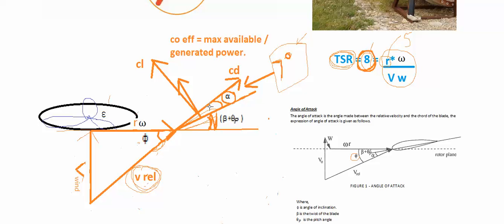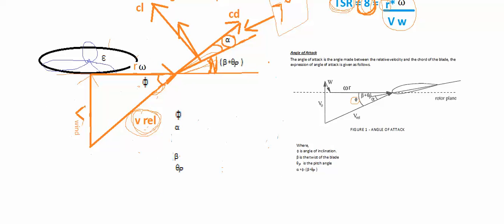When the tip speed ratio is 8, we know that the angle of inclination should be 8 degrees. So let's write it down. When the tip speed ratio is 8, the angle of inclination, this angle right here, is equal to 8 degrees.